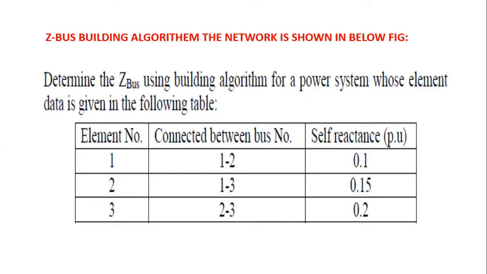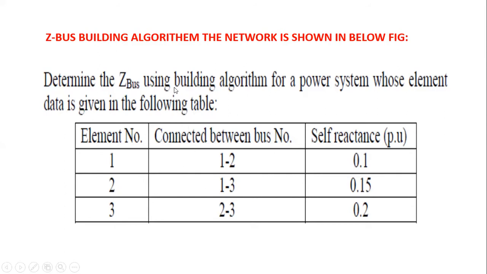When adding an element from one bus to another bus, first we identify which type of modification it is and how to form the Z-bus for that type. We remember those formulas, and by using them we can form the Z-bus step by step.